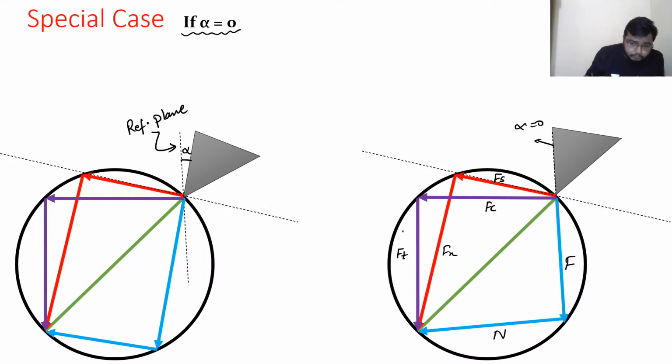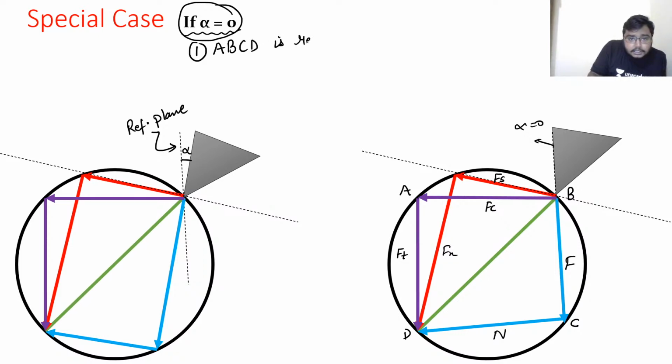See, let us say this A, B, C and D. So if alpha equal to 0, then first point, what is the first point? A, B, C, D is rectangle, right?